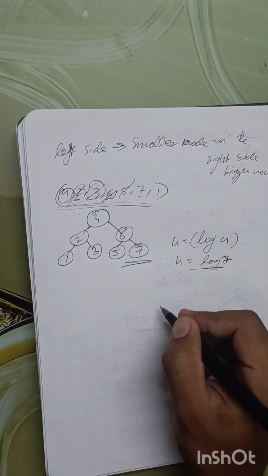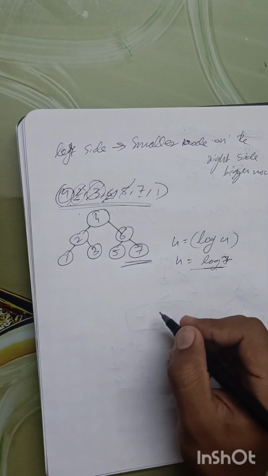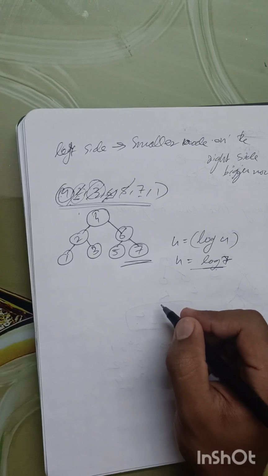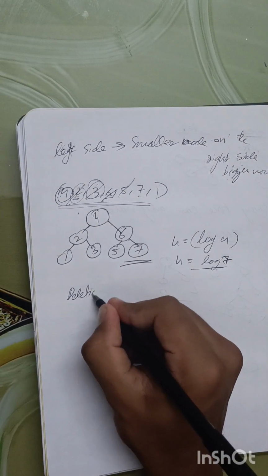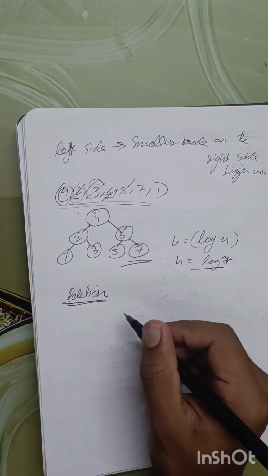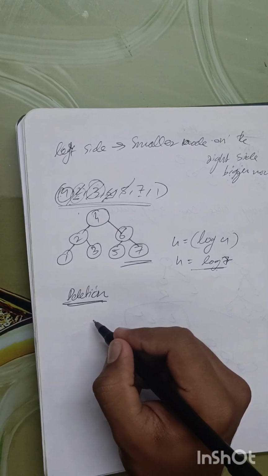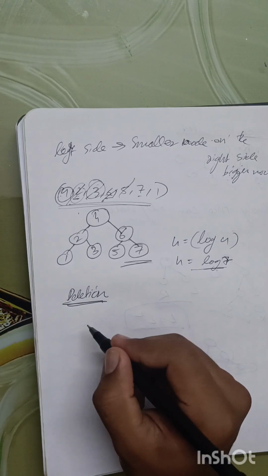Now let's go to the deletion part. So for deletion, we first check if it's a leaf node.